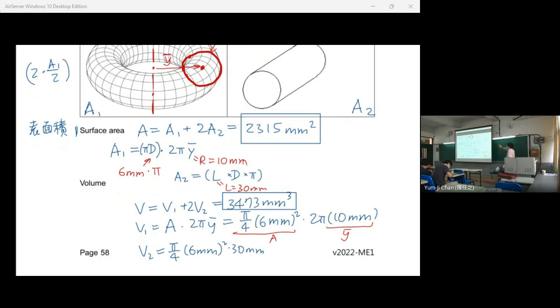These are the answers, and the key point in this problem is how to use these two equations. So we are on page 58.